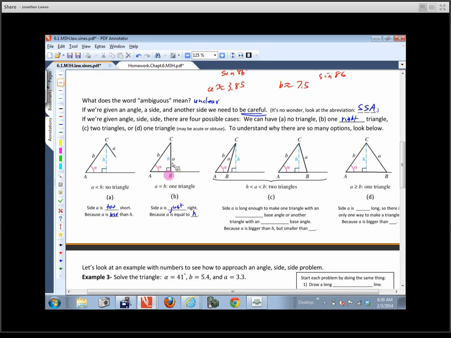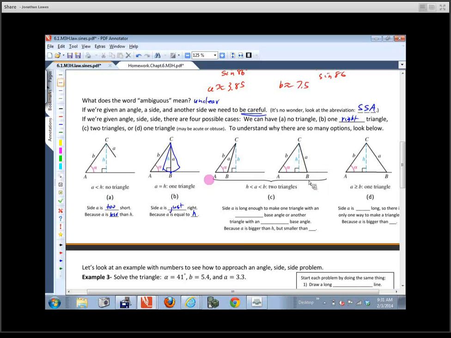If it's the exact same as the height, then we only have one triangle. And the reason we only have one triangle is if I were to swing that up here or over here, it's not long enough to hit this side anymore. It's just barely long enough. It hangs down, it just touches right there, and that's it. If you swing it one way or the other, it's not going to touch anymore. So no triangle here, one right triangle here.